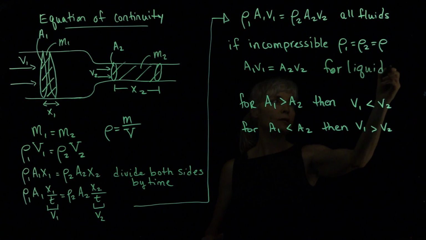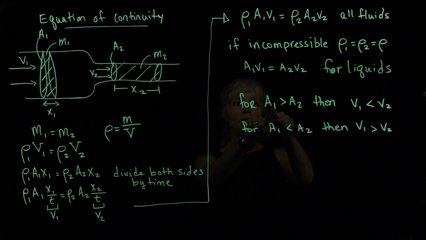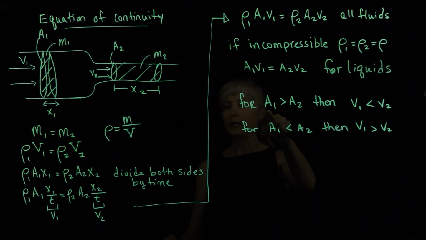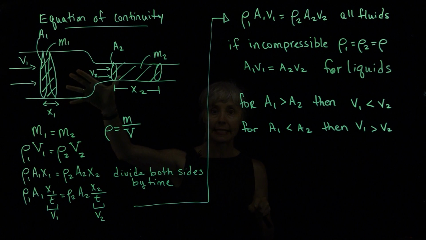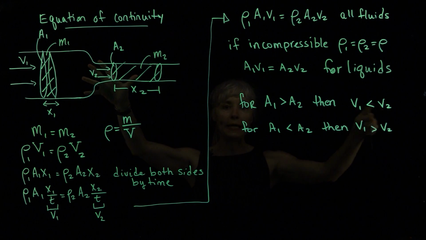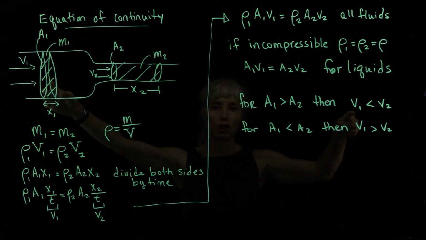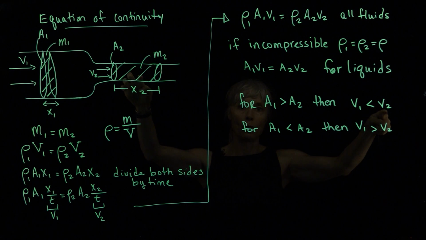And notice here what this is telling us, that is where the tube is wide. So let's say A1 is greater than A2, as is in our drawing over here, then the speeds must have an inverse relationship. So the fluid is moving slower at the wider part of the tube than it is at the more narrow part of the tube.